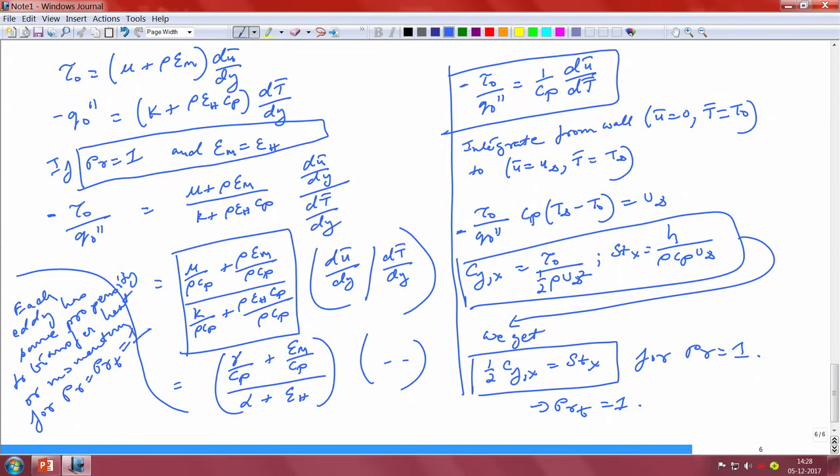Okay. So, when this is not equal to 1, this expression starts to deviate. Okay. That is, it starts to deviate from the Colburn's analogy that we have over there, right. So, now that we have come to this particular form.